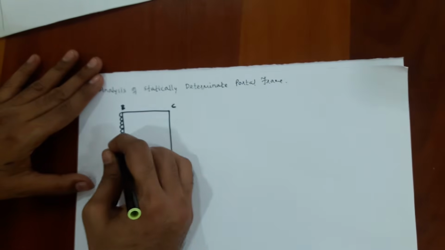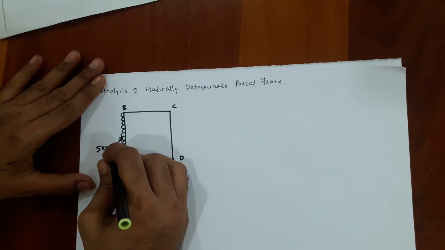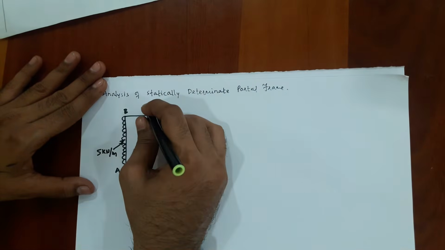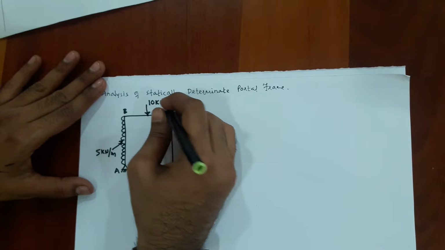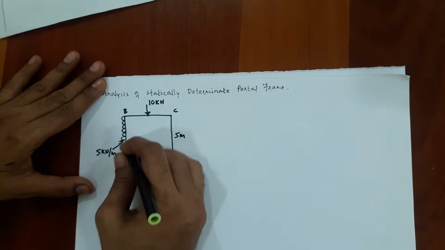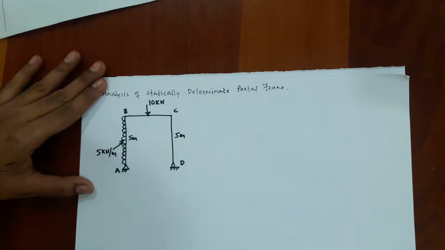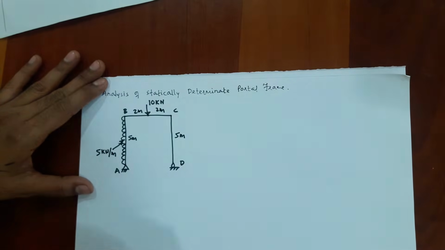Member AB is having UDL 5 kN per meter. BC is having point load 10 kN and CD is not having any load. Distance is 5 meter, AB and CD. This is 2 meter and this is 2 meter.